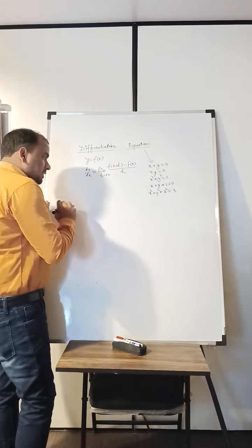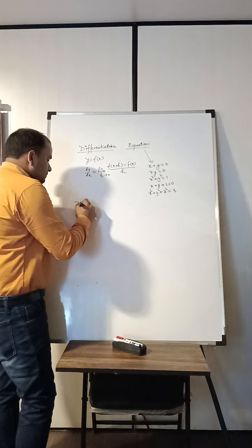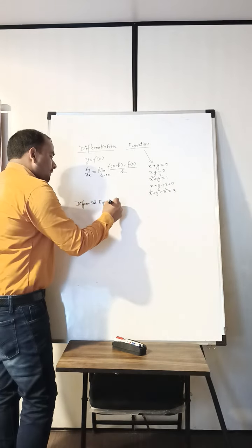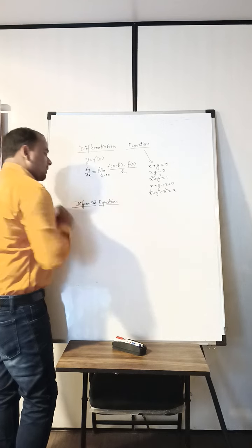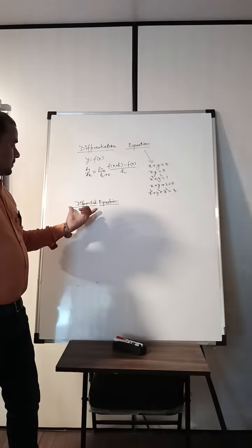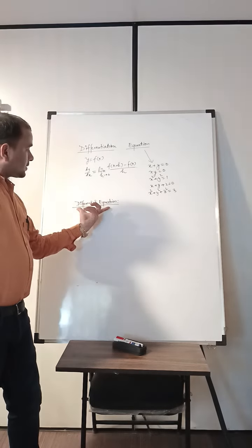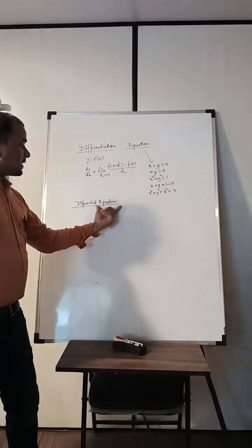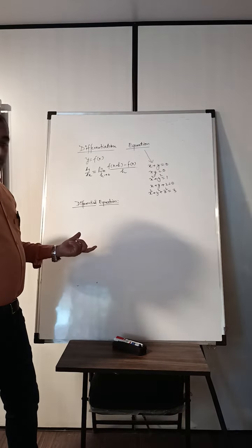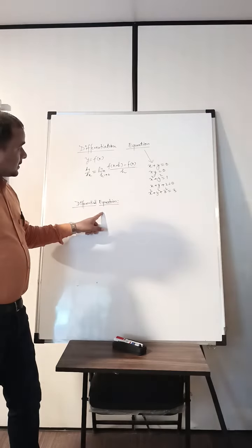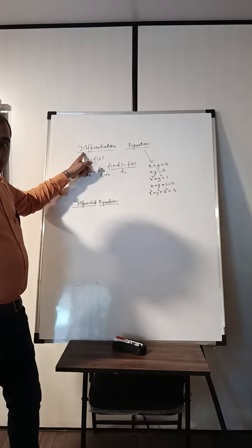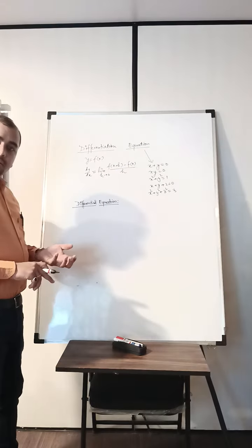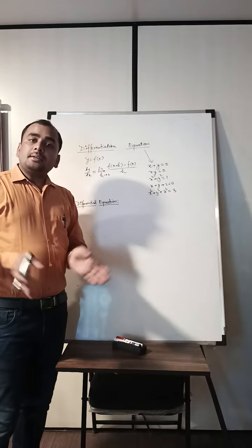Now we are going to discuss differential equation. As the name of this equation suggests, it has two terms: first is differential and second is equation. That means it has differentiation in an equation. It has dependent variable, independent variable and derivatives.